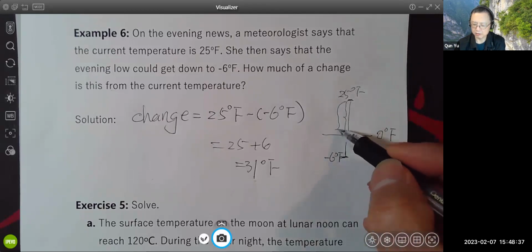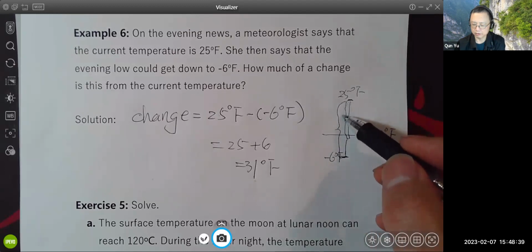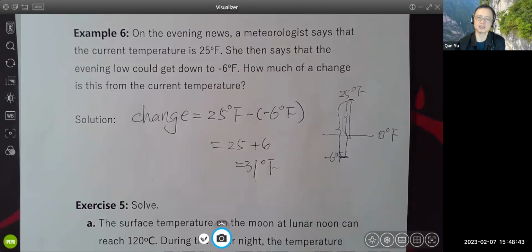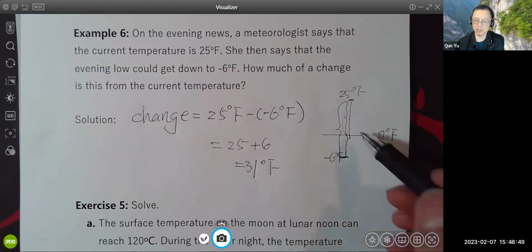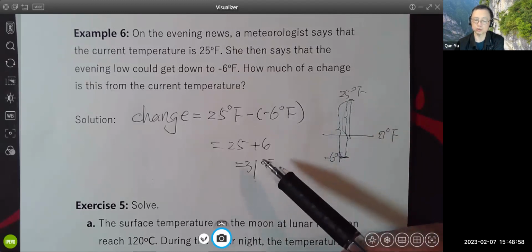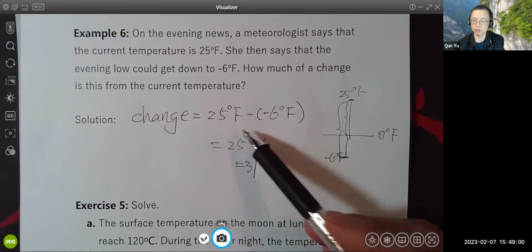So what is the change? What's the distance? Here is 25 degrees, and another 6 degrees. That's a total of 31 degrees change. And that makes sense, so our answer must be correct. But we don't need to draw this chart to confirm it. As long as we know the change equals the subtraction result between the two numbers, it is correct.